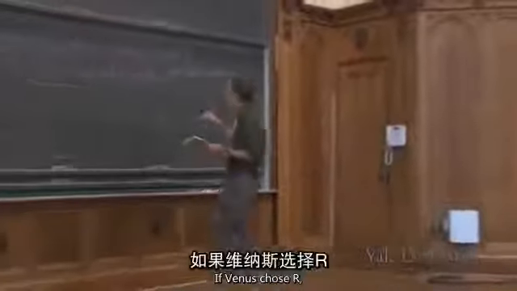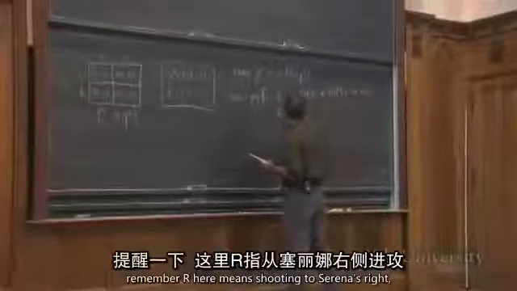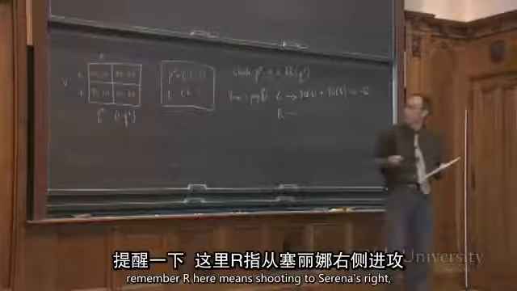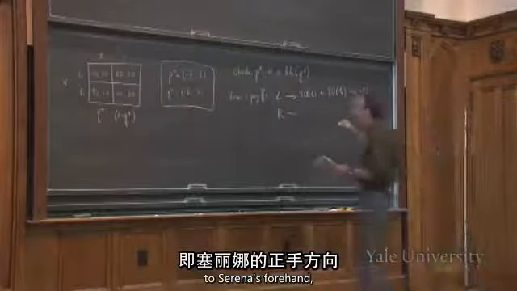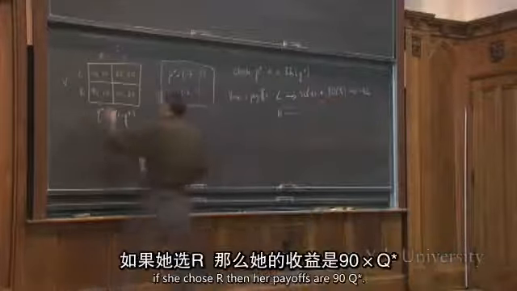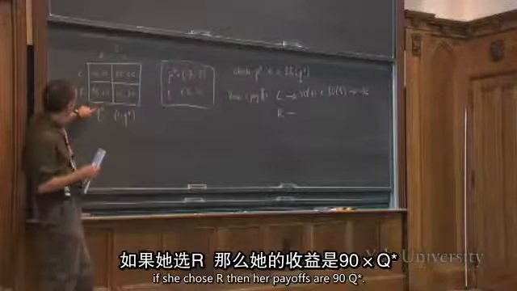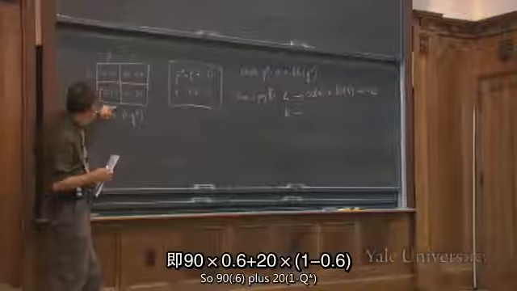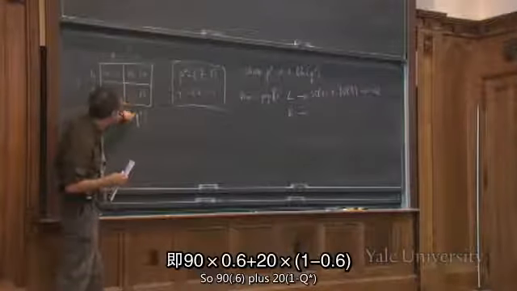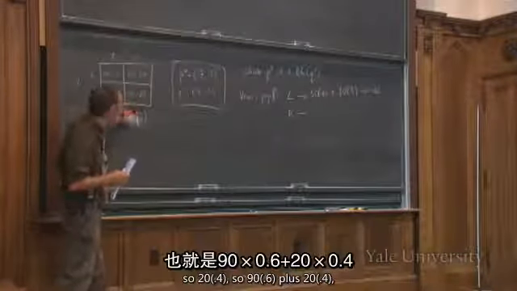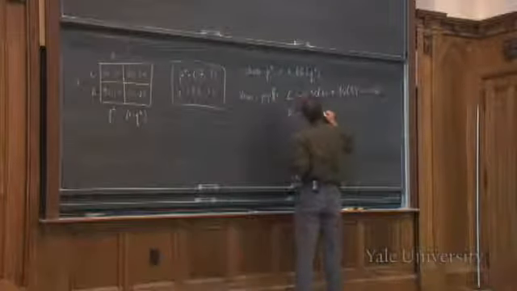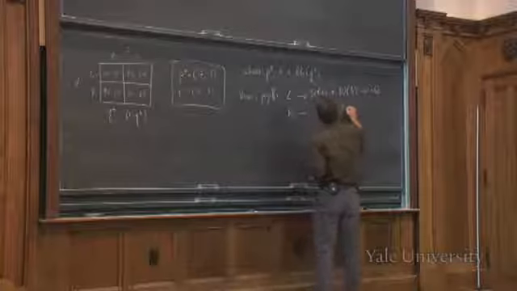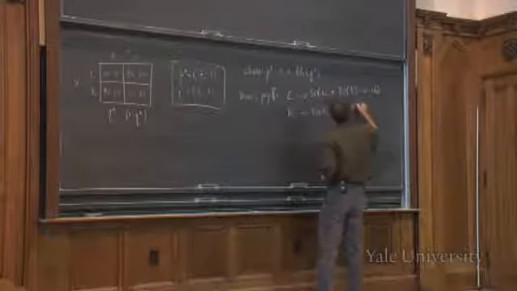If Venus chose right, remember right here means shooting to Serena's right, to Serena's forehand, then her payoffs are 90 times Q star, so 90 times 0.6, plus 20 times 1 minus Q star, so 20 times 0.4.